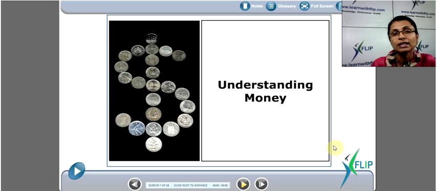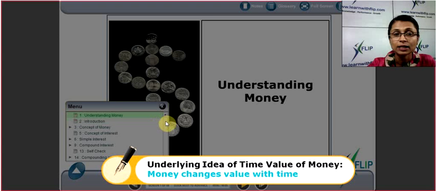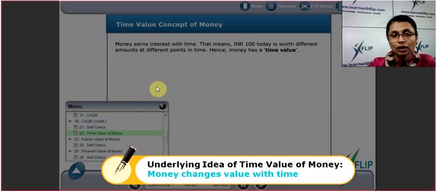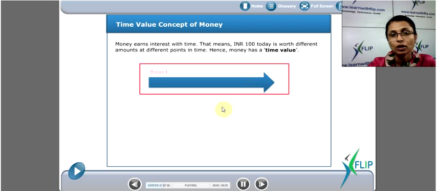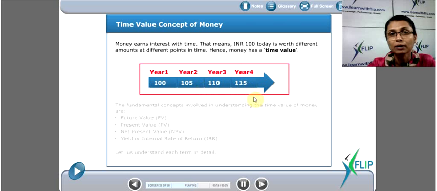Now, what is the underlying idea behind the time value of money? The underlying idea is that money changes value with time. Let's look at this pictorial representation. Here we see that if you're investing 100 rupees today and it's earning interest, then it's changing value with time.